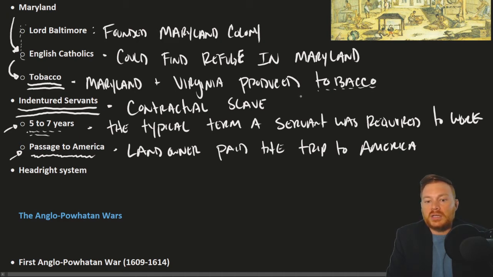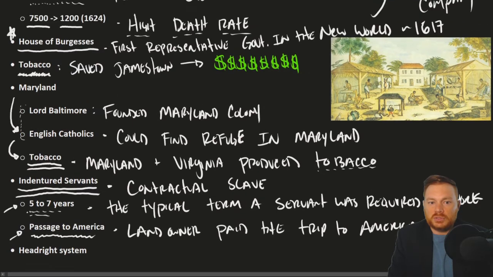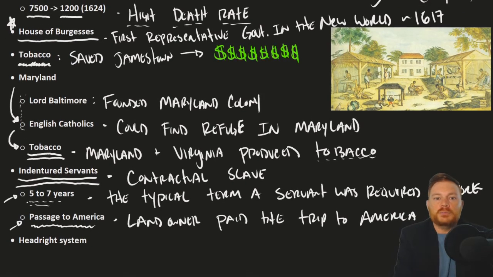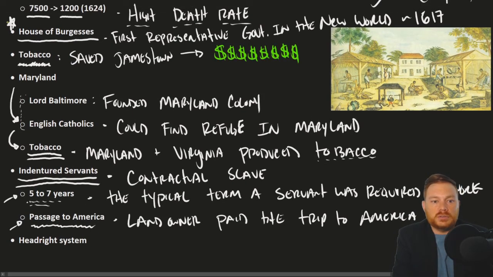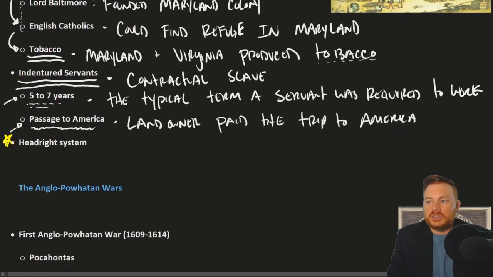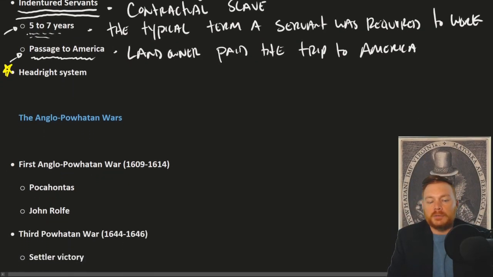But this had an impact on shaping colonial society, coupled with another reform to try and draw more people to the colony. Both the House of Burgesses and the headright system were reforms to try and get more people into Jamestown because more people meant more tobacco.